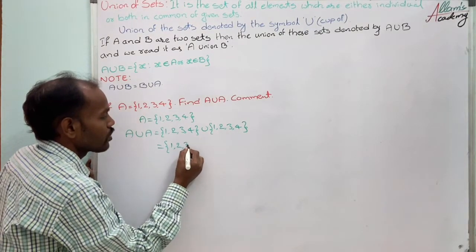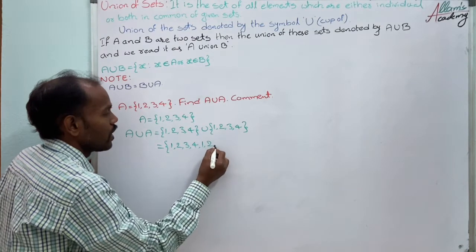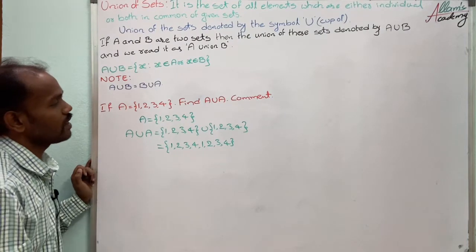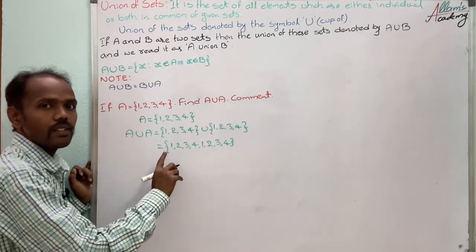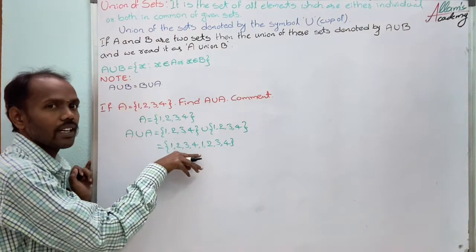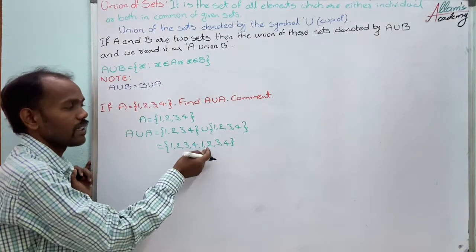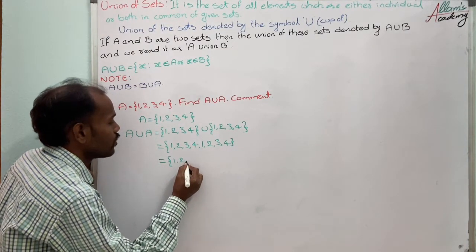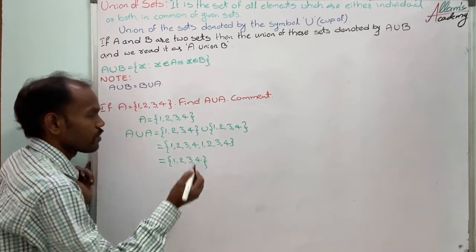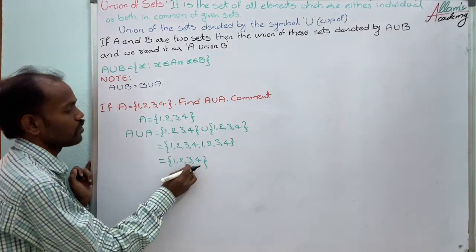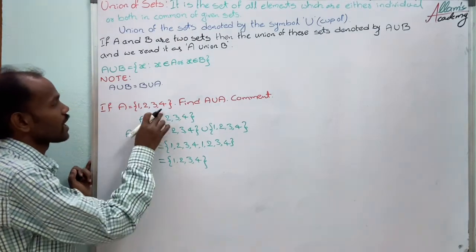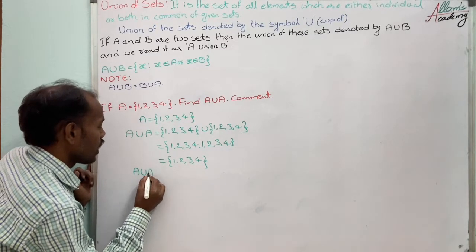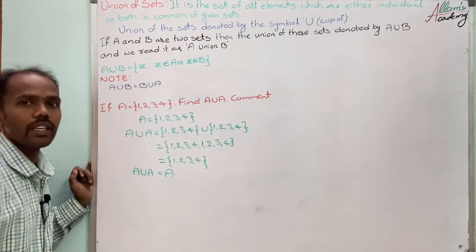So 1, 2, 3, 4, 1, 2, 3, 4, and if any is repeated we take it a single time only. That means 1, 2, 3, 4. These elements are nothing but the given set A. So we conclude that A union A equals A.